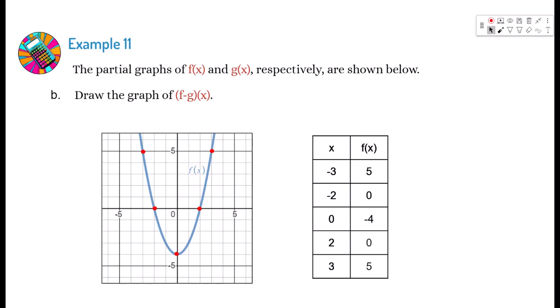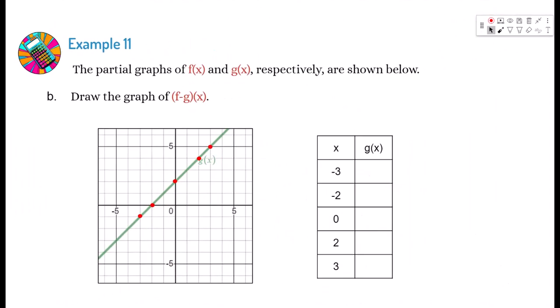So now we have this nice table of values, and we could do this even if we didn't know the equation of the graph. Now what about the line? Same thing. We just find out the output values, or the g of x values: -1, 0, 2, 4, and 5. So now we have two tables of values.